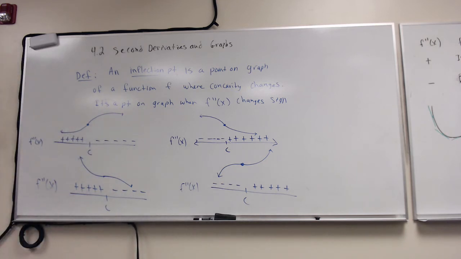So there are several different possibilities for what can happen. Just keep in mind you can be increasing or decreasing and change from concave up to concave down, or from concave down to concave up.